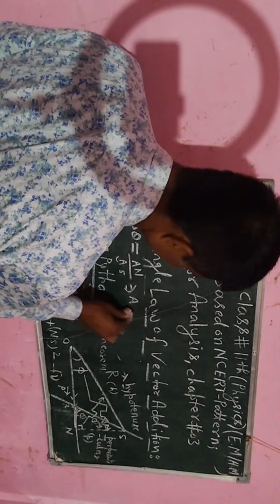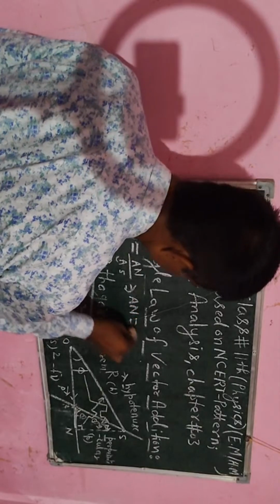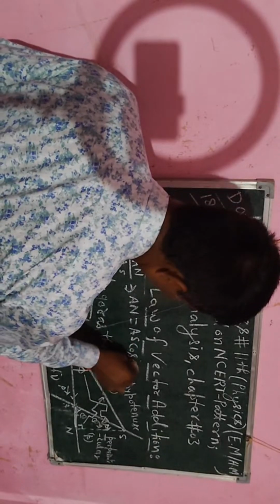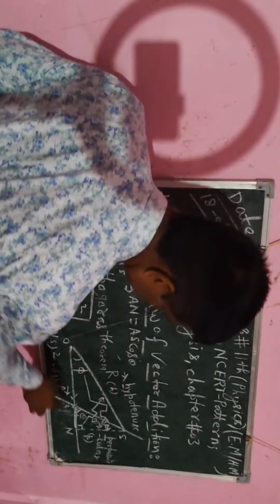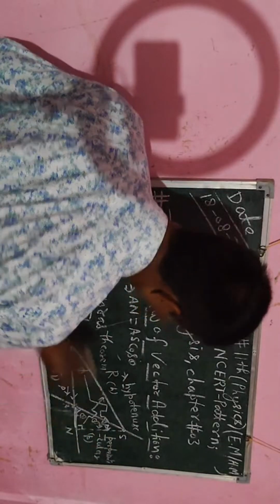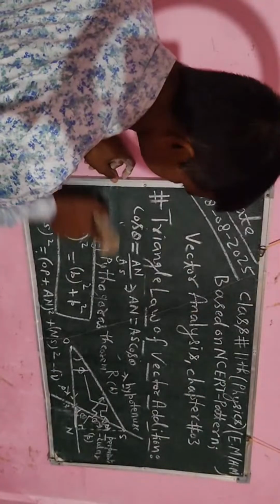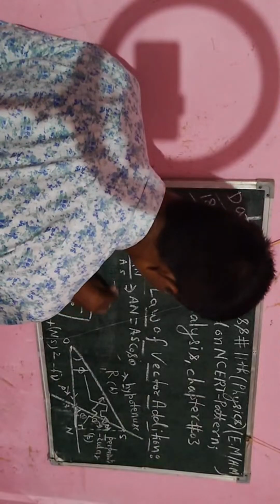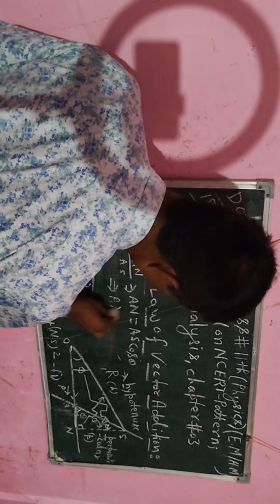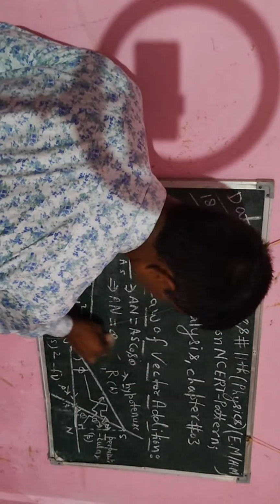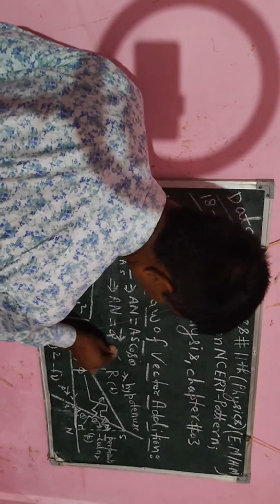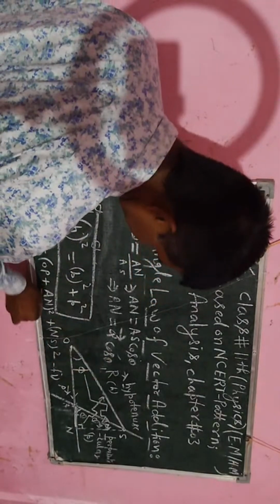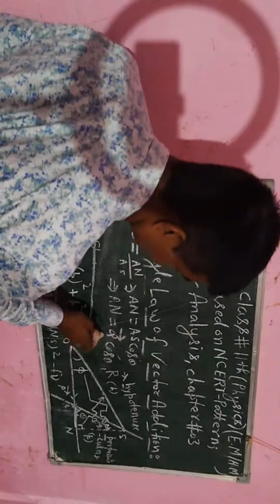So it implies that I can write AN equal to AS cos theta. Okay, the value of AS is the vector Q. So in the place of AS, AN is equal to vector Q into cos theta. So I have got the value of AN, which is equal to vector Q cos theta.